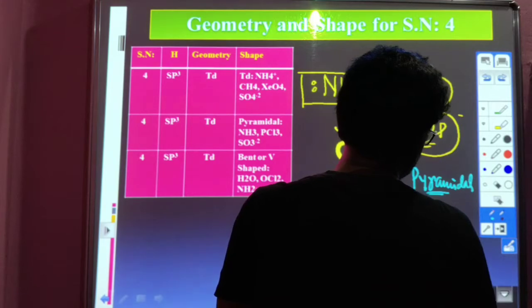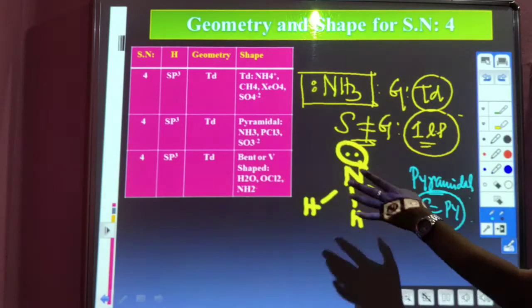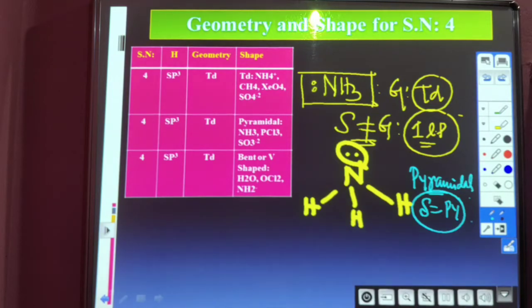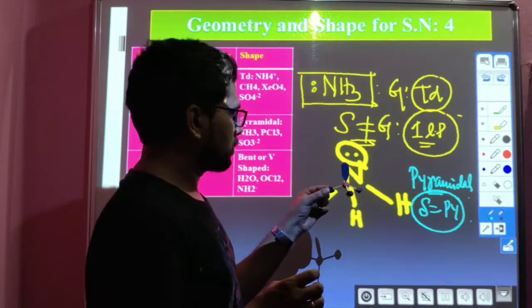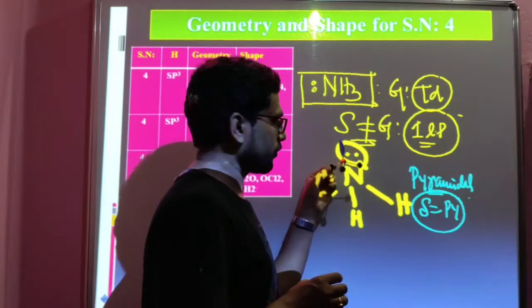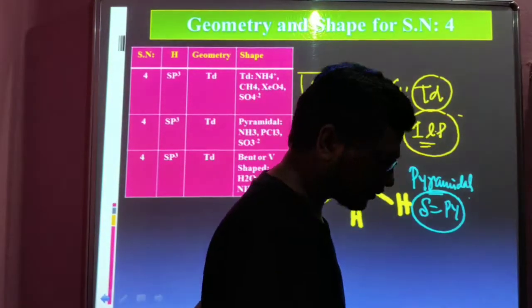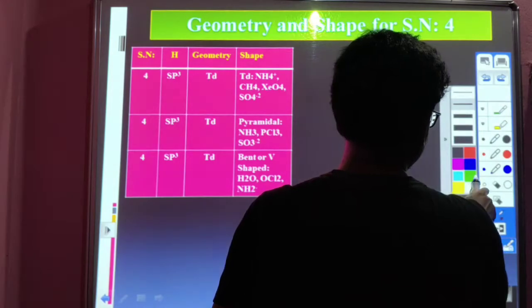So shape is pyramidal, but geometry is tetrahedral. Okay, I'll show you how it looks. Just look at this one.